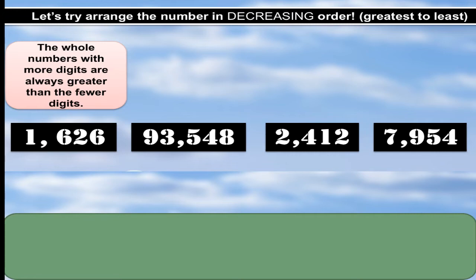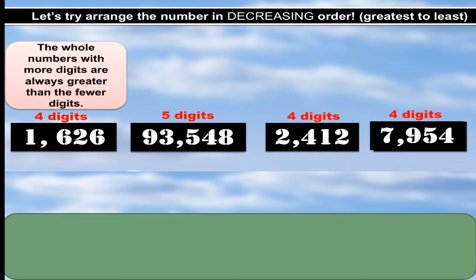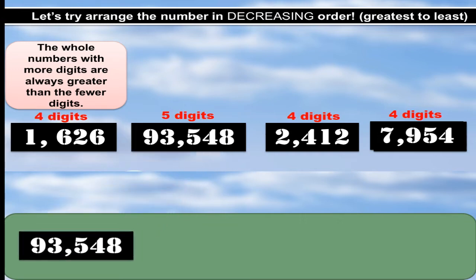If you take a look at the sets of numbers, 1,626, 2,412, 7,954 are 4-digit numbers, while 93,548 is a 5-digit number. Therefore, the number with the greatest value is 93,548. Let's cross that out.